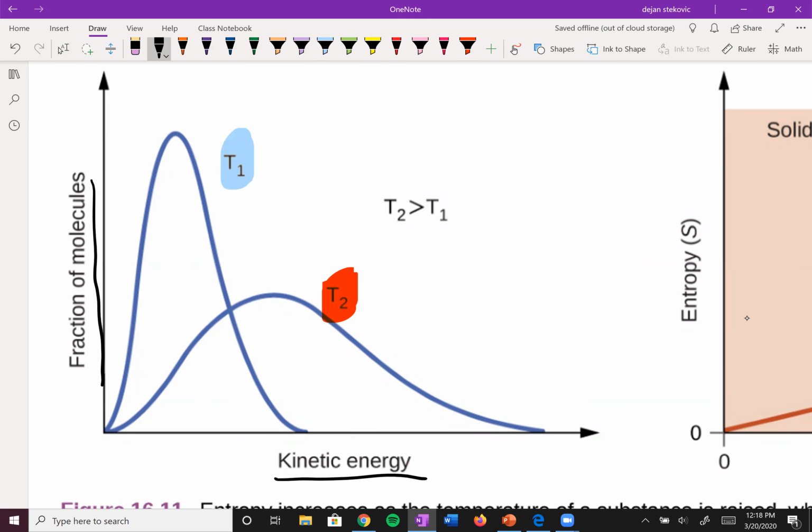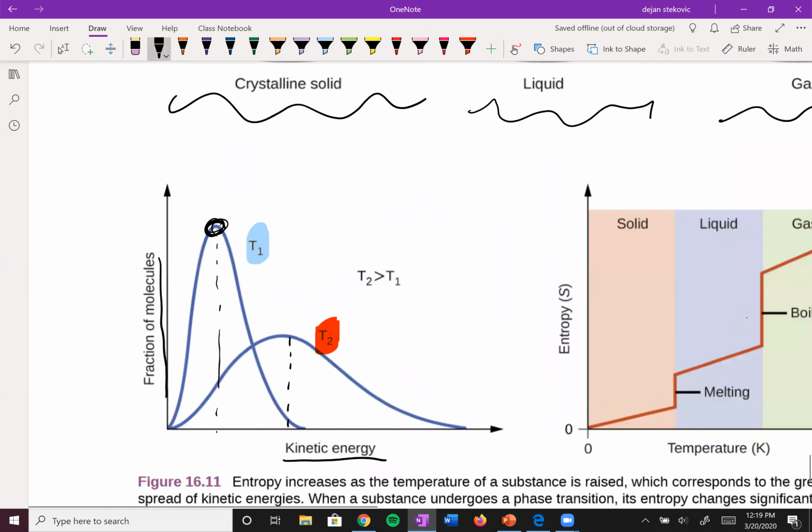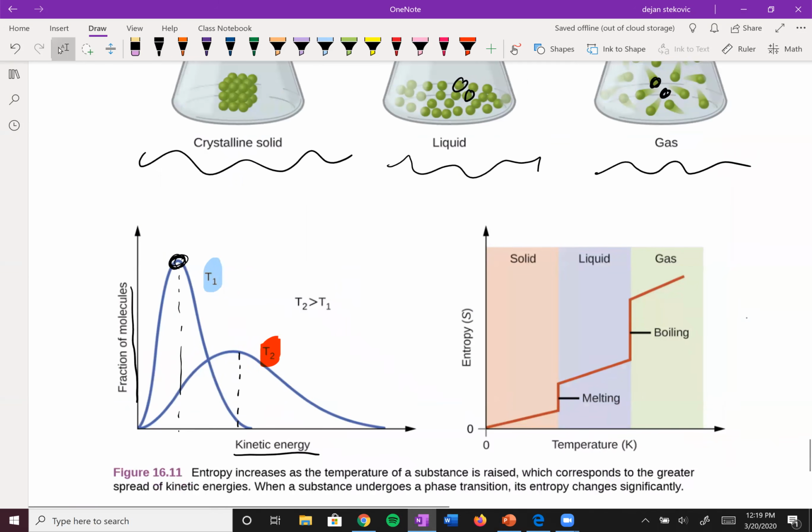You can see you don't have a whole lot of molecules with a lot of energy, right? You've got a couple molecules with a lot of energy, and then most molecules without much energy. Whereas this one right here, you can see the curve is flattened. So the energy throughout the molecules is more dispersed, more disordered, and so you have a higher amount of entropy.